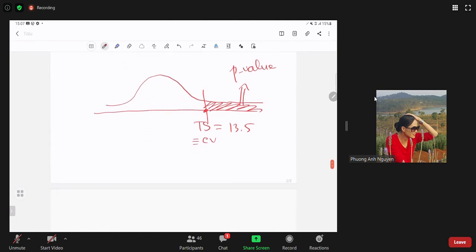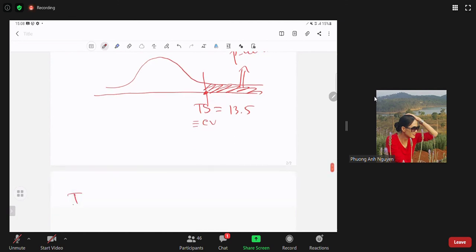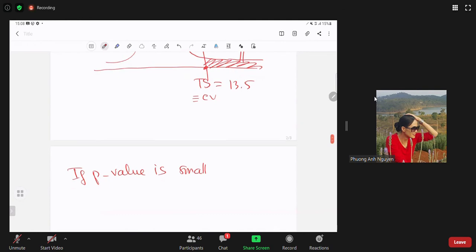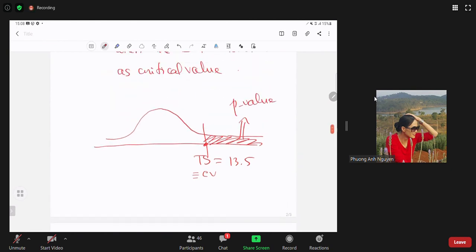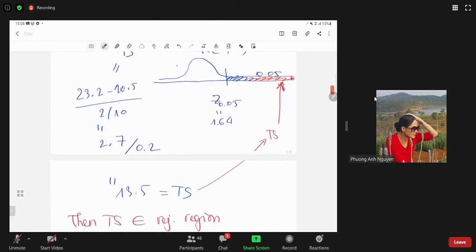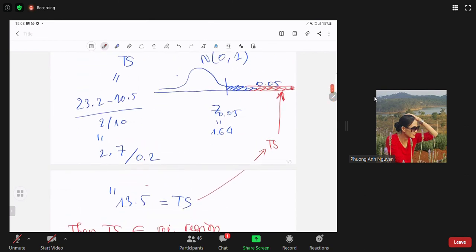So in this case, after getting the p-value, we need to make a decision. If the p-value is small, what do you think about the decision? Would you reject H0 or not reject H0? Make a guess. In this case, you see that TS is very, very big, 13.5.